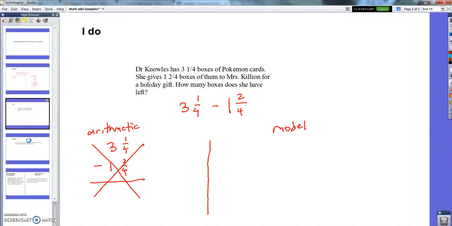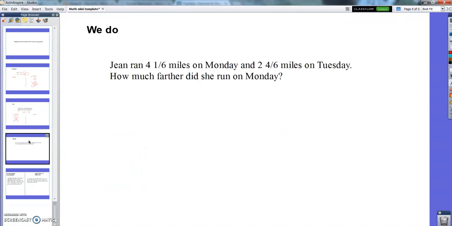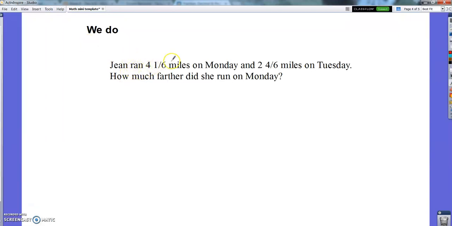So I can be a little smoother with the fraction bars this time. So open your math notebook up to your redo page. Let's do this. Jean ran 4 1/6 miles on Monday and 2 4/6 miles on Tuesday. How much farther did she run on Monday? So how much farther, that's kind of a subtraction clue word. And it's a difference between Monday and Tuesday.